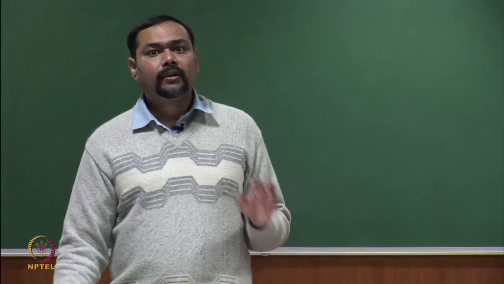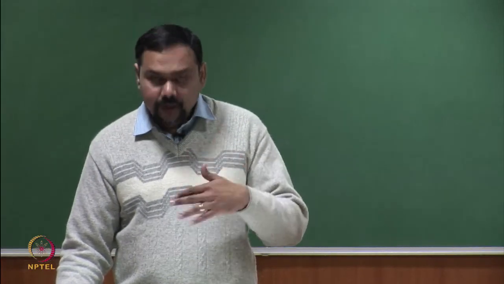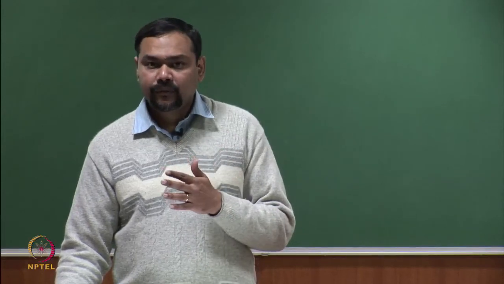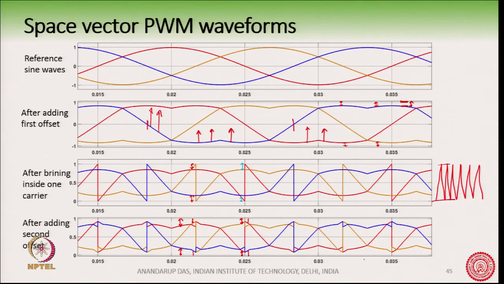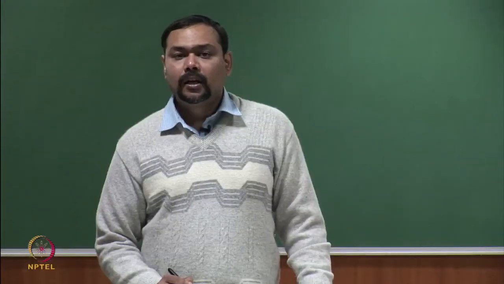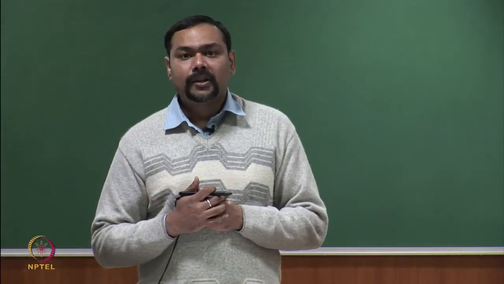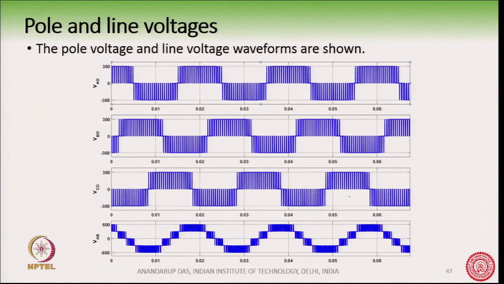You do not have to calculate the T0, T1, T2 timing durations, nothing. So, you give the carrier and the 3 reference waveforms, that is this particular waveform, this fourth one, after adding the offset, directly for comparison with the high frequency carrier. Once you have done that, you will immediately be able to get a waveform like this coming out of the converter, okay.